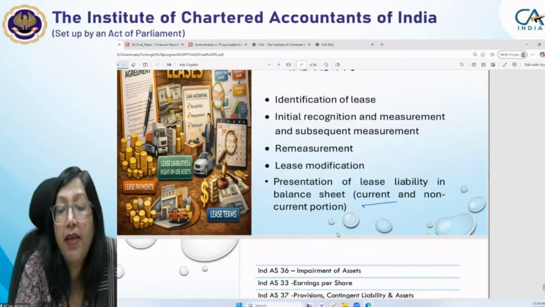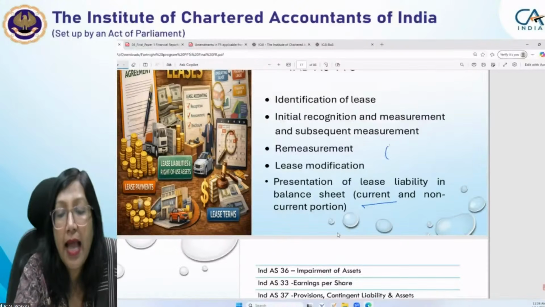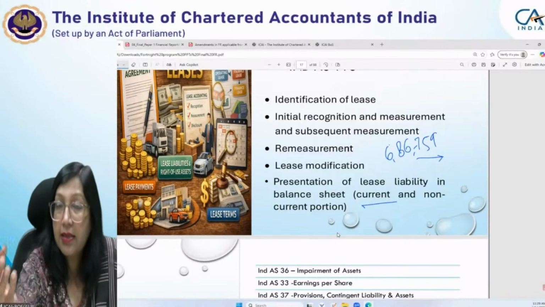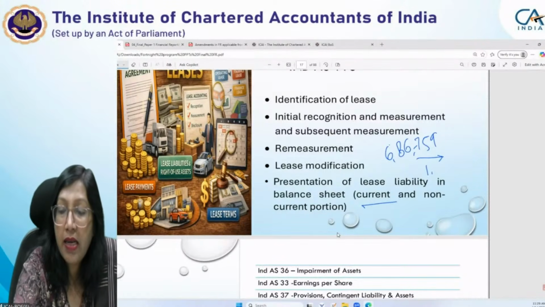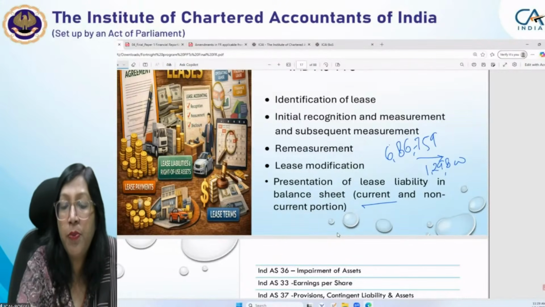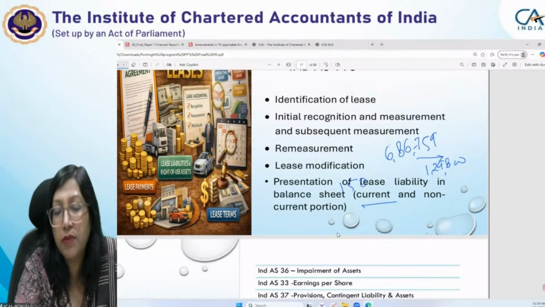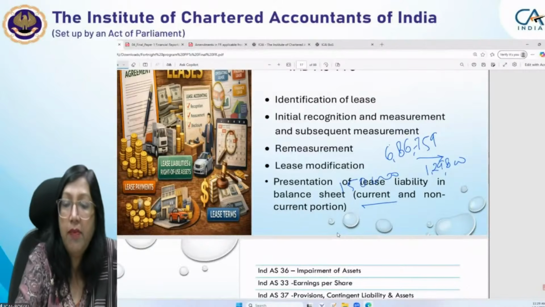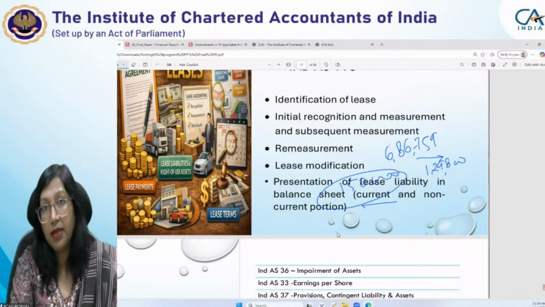When you have the total outstanding lease liability at the year end, say 6,86,759, and your next liability, due at the end of next year, is say 1,29,800, but the installment which you pay is say 1,50,000, students make this 1,50,000 the current liability. But this is not correct.